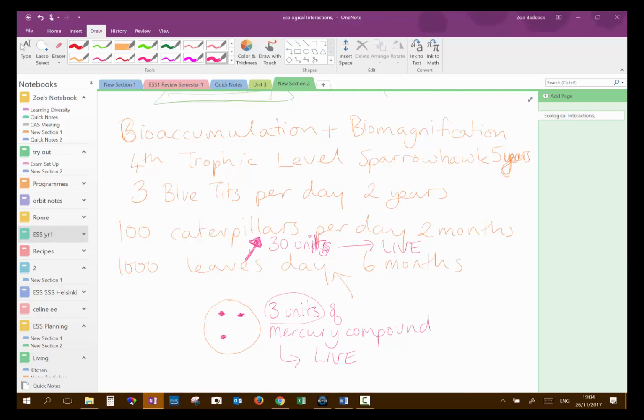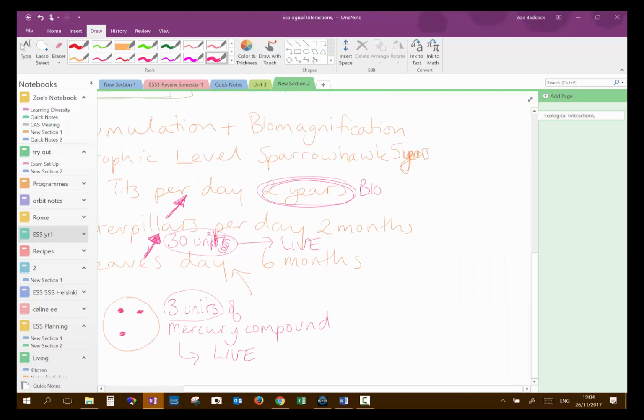Now, the blue tit, we're moving up the food chain here, the blue tit is eating lots of these caterpillars, lots of these 30 units. And because it lives for a long time, or relatively in this case, we get what's called bioaccumulation. So those units of mercury are piling up.